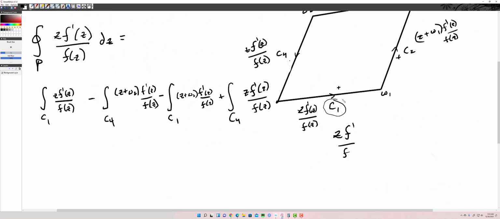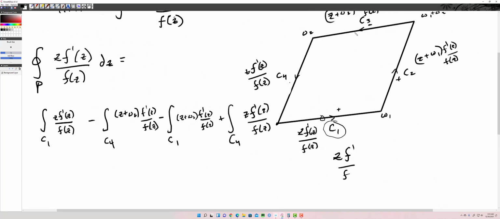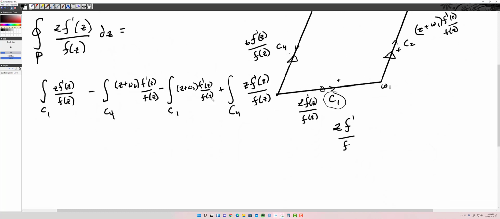Okay? So just look at this for a second and see if we can make sense of it. I'm really focused on these two pairs, and I'll use a triangle for this one and this one. These are the ones I'm looking at. They're in opposite directions, and you can see how, because this is elliptic, some stuff cancels. First, all of C1 cancels with this z, and all of C4 cancels with this z.